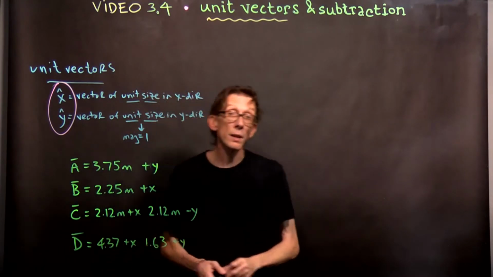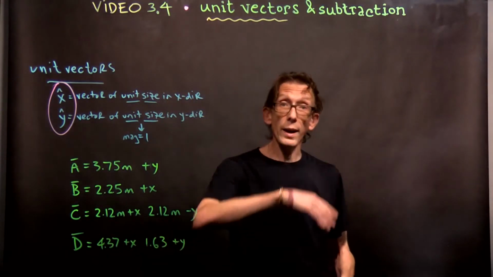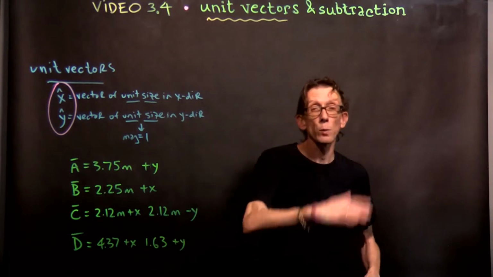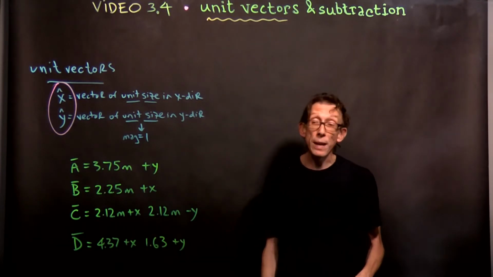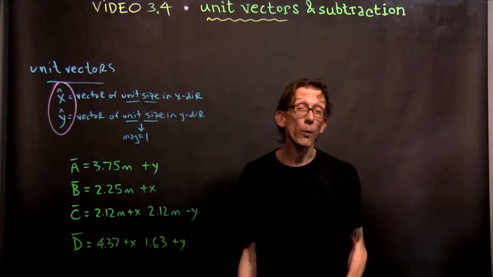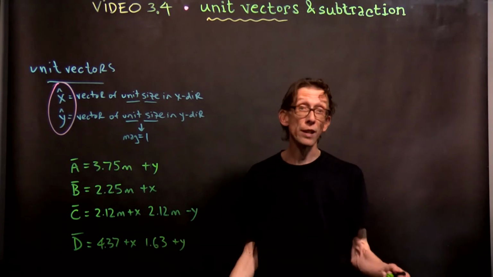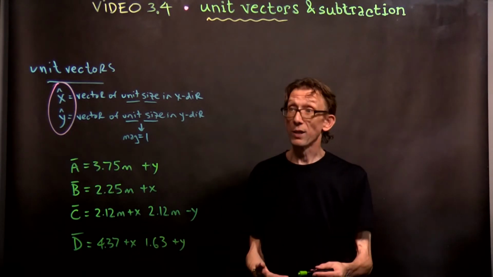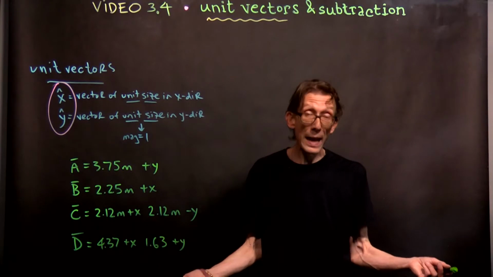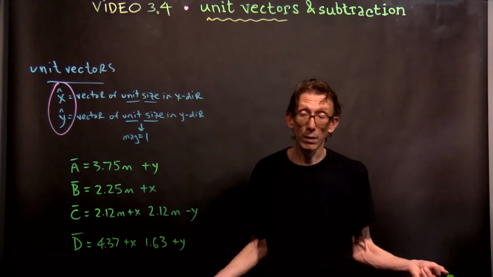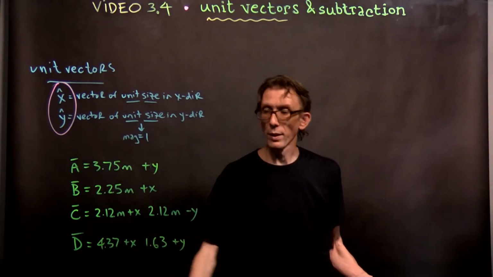So D pointed up and to the right. So it was positive in x and y. Remember, that was the pink resultant vector from the last two videos. All day today, we've been talking about A plus B plus C equals D. And these are our vectors right here.